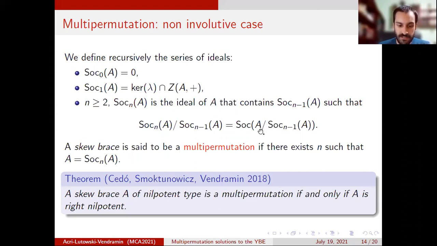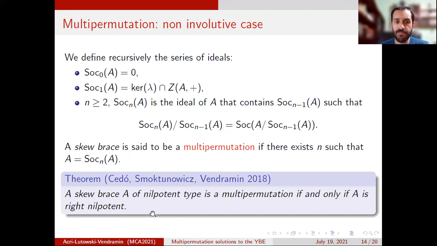So we can take the socle of this quotient skew brace and identify it with an ideal of A that contains soc n-1, as is usual in ring theory. And we say that the skew brace is a multipermutation if there exists an n such that A equals soc sub n of A.